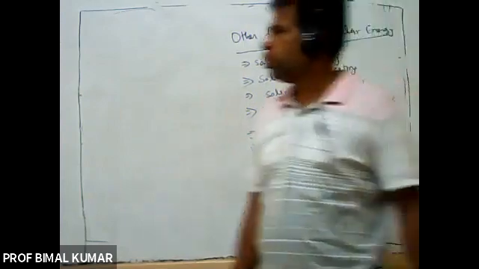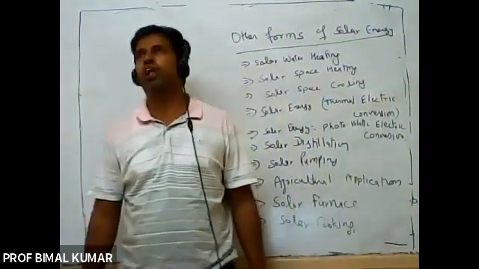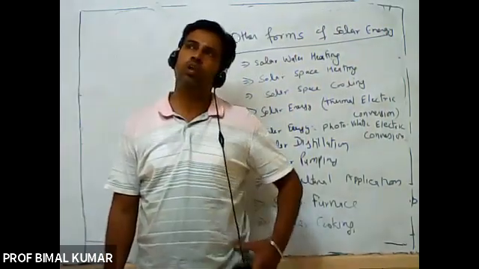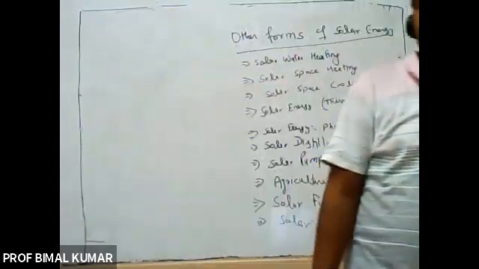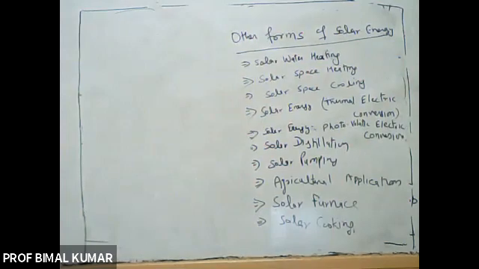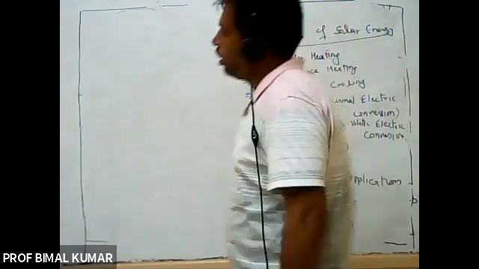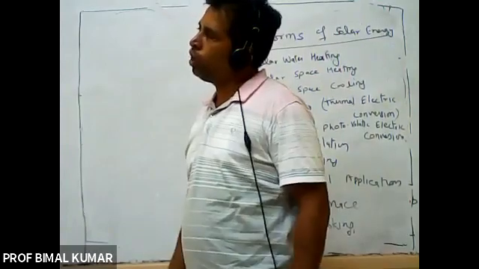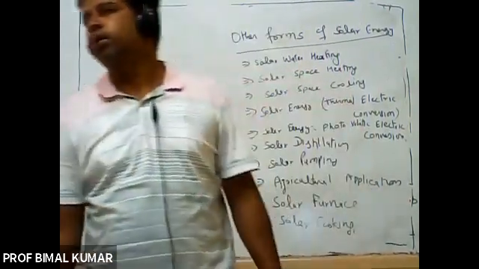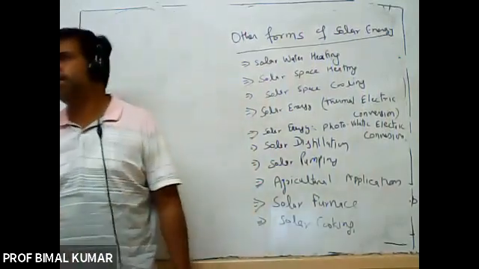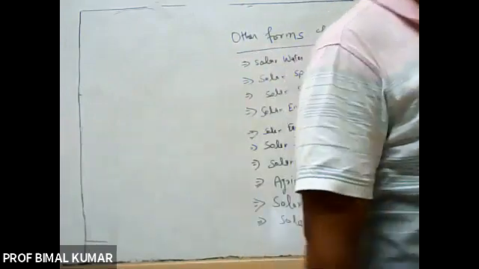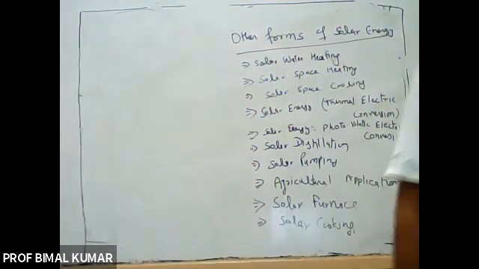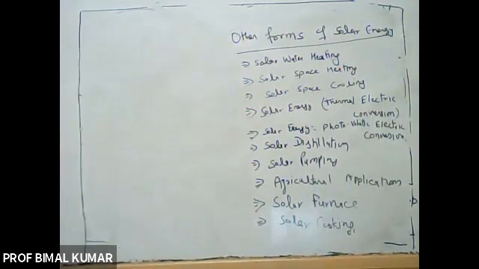In case of the solar heater or solar furnace, radiations are converted into thermal energy or heat energy, right? Further, this heat energy may be converted into mechanical energy and may be used for other purposes like cooking or some other specific application, right? But generally, the solar furnace or solar heater will convert solar radiation into thermal energy, right?